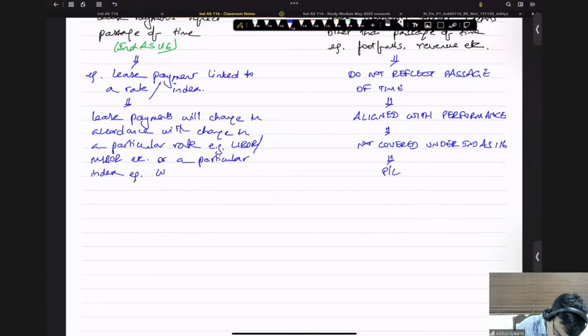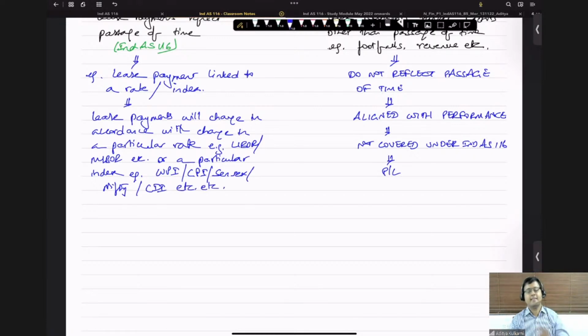For example, wholesale price index, consumer price index, Sensex, Nifty, cost inflation index, etc. Anything, any index, any rate. It's not stuck to LIBOR or MIBOR, but any index or any rate.